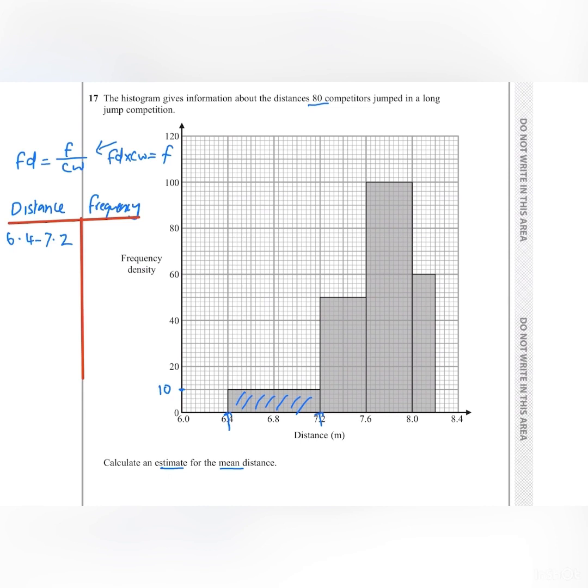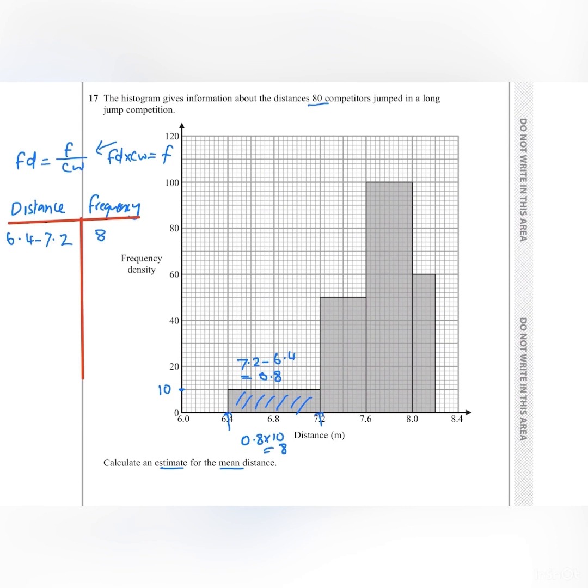So 7.2 take away 6.4 is 0.8, and then 0.8 times 10 is 8. So in the first bar, there are 8 people represented.